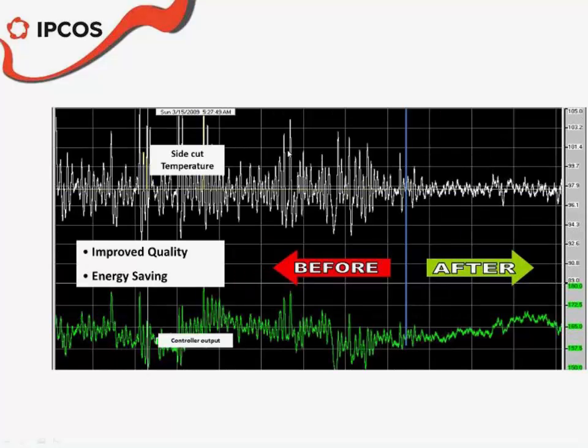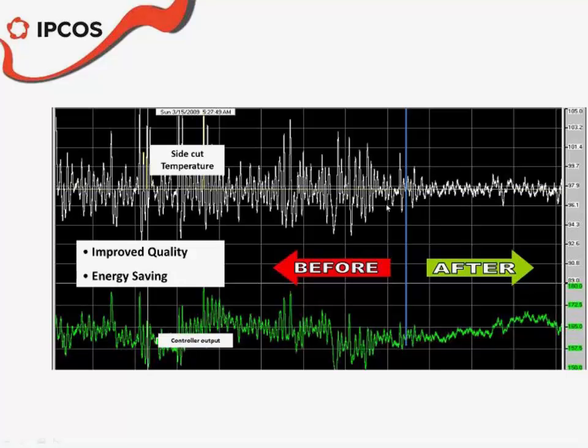And of course, if you don't have a reflux changing all the time, then you don't have vapors going up and down the column all the time. This stabilizes your temperature profile in your column. And on top of that, remember we implemented a pressure compensated temperature for this column on the draw tray. This is the side cut temperature we were talking about.